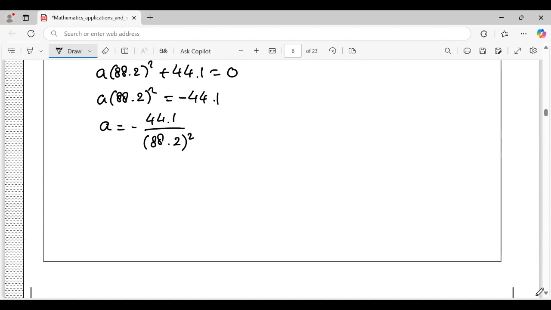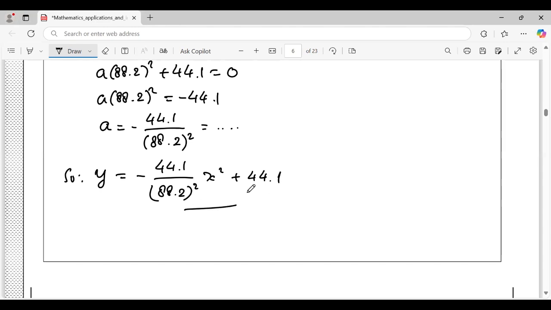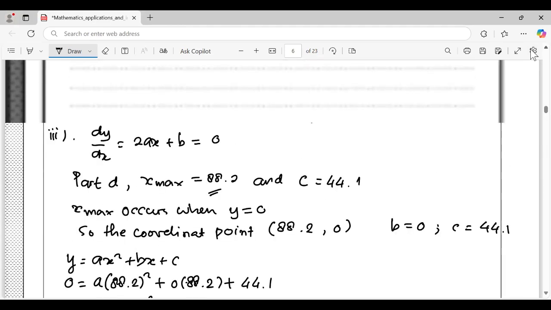So we can state that y equals minus 44.1 over 88.2 squared times x squared plus 44.1. You may simplify this one, but I will not simplify. This is y. Next question.